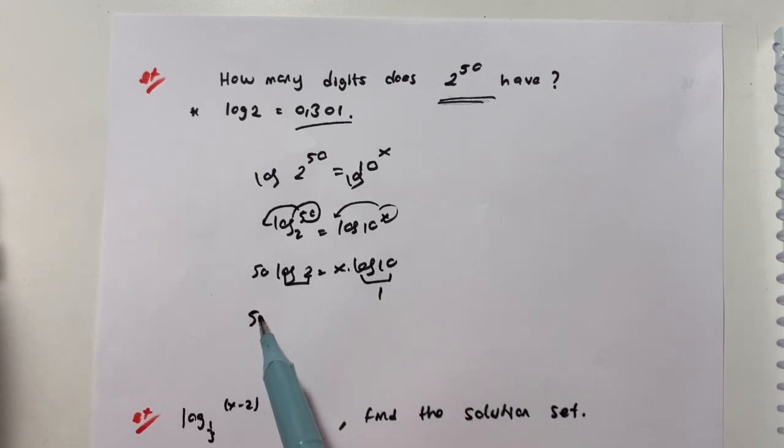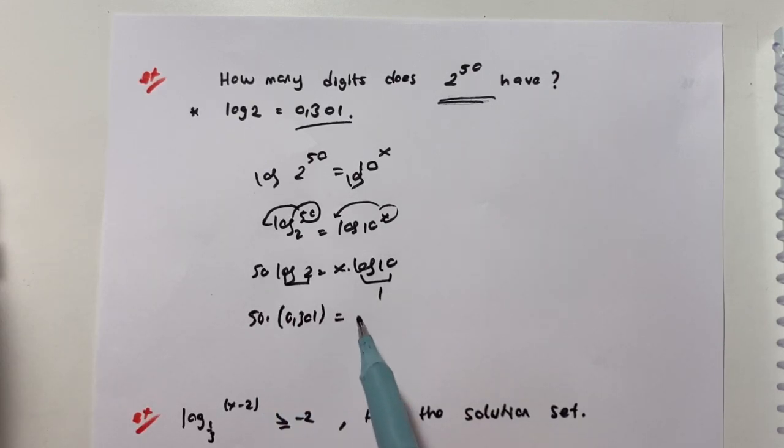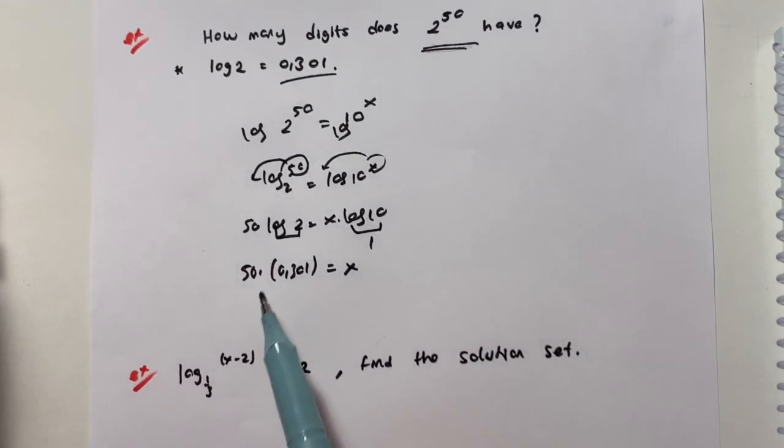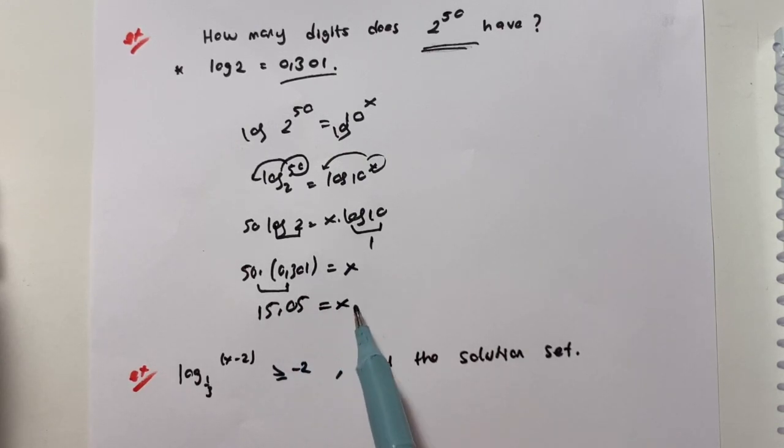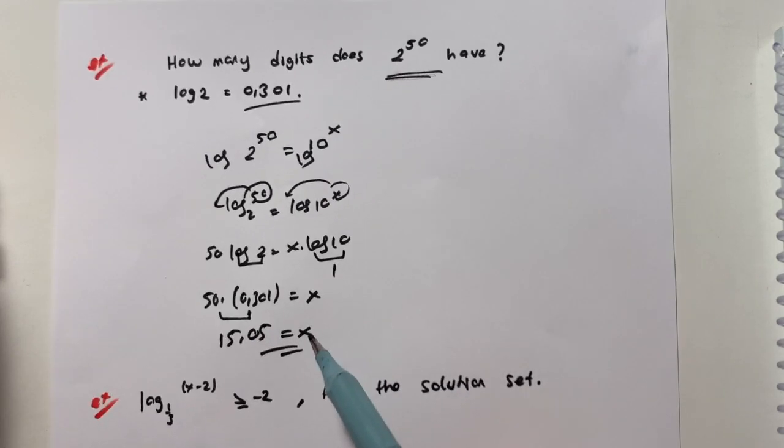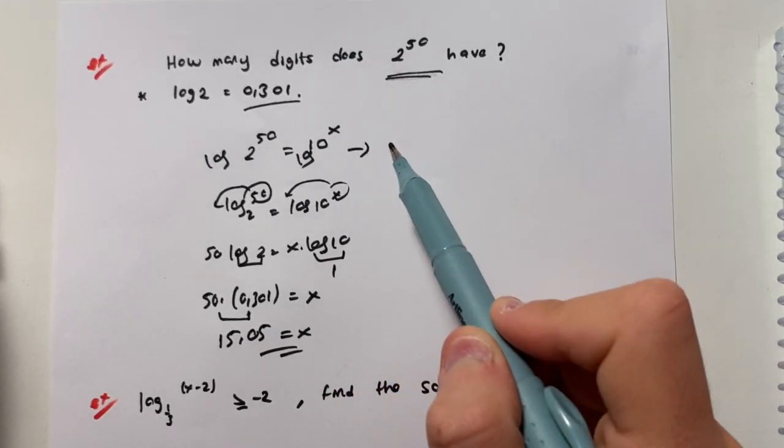So we have this simple equation here. If we calculate this part, it makes 15.05 equals x. Now that we found x, let's rewrite this equation like this.